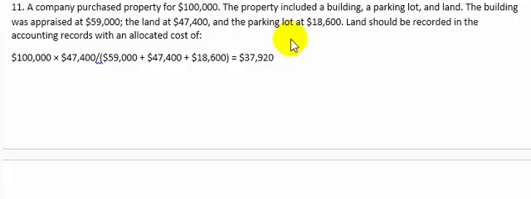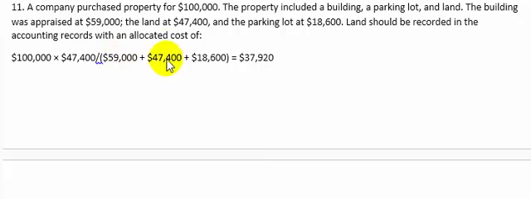If you're trying to figure out how much of this $100,000 should be allocated to the land, you're going to use what's called the relative sales method. Of all these things you purchased, you figure out what the total appraised value was: 59,000 plus 47,400 plus 18,600.